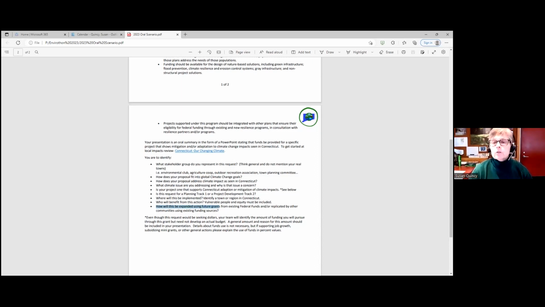So if you're looking for energy audits and sustainability and improved electric efficiency in homes, it has there the different connections of additional funding past this one-time ask for federal funding. And that's a key component, is that it has to be sustainable and connected with some of these federal funds.